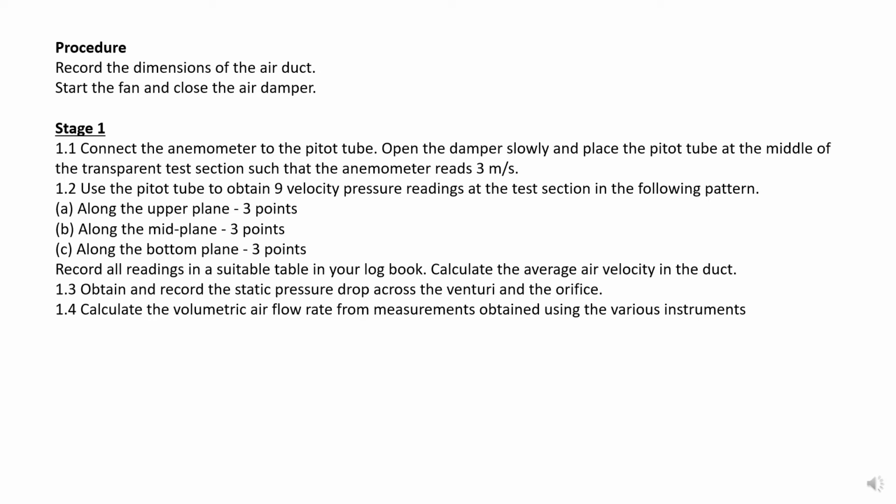Then use the pitot tube to obtain 9 velocity pressure readings at the test section in the following pattern. A. Along the upper plane, there are 3 points. B. Along the mid plane, there are 3 points. C. Along the bottom plane, there are 3 points. Then record all readings in a suitable table in your logbook and calculate the average air velocity in the duct.